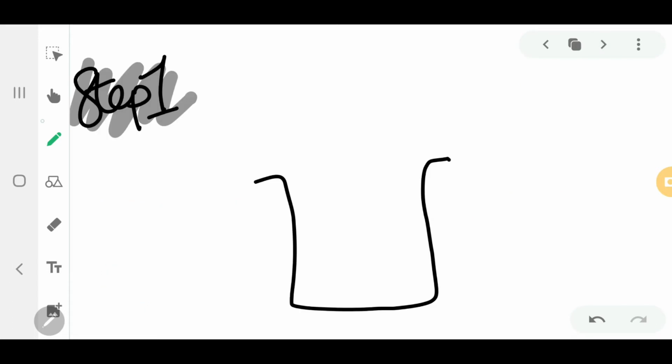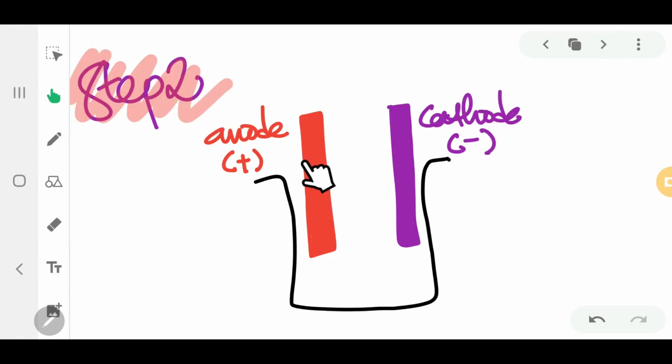Okay, so how do we draw an electrolytic cell? Let's have a look at the steps. In step 1, first you need to draw your beaker. Then in step 2, draw the electrodes. You have the anode electrode and the cathode electrode. The anode will be the positive terminal.